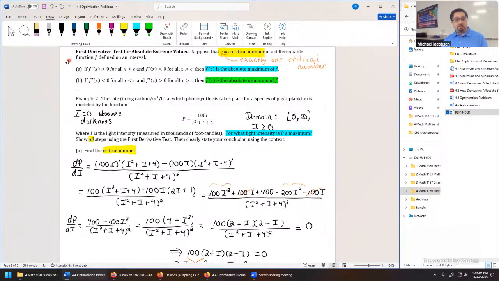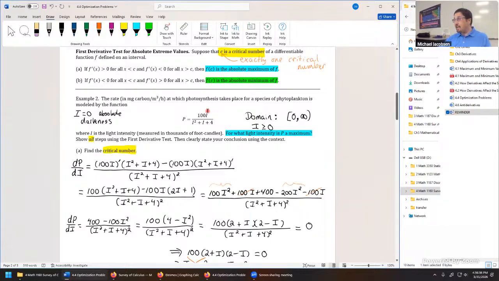Okay, and again, because it's been a while, let's refresh what we were even doing right before we went on a long extended break. We were looking into a function called P. It's the rate at which photosynthesis takes place for some particular species of phytoplankton. So this is saying the rate in change in carbon per cubic meter per hour, so rate of photosynthesis, and it depends on a different input.